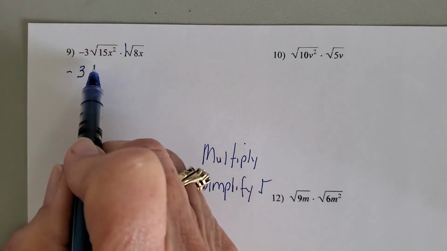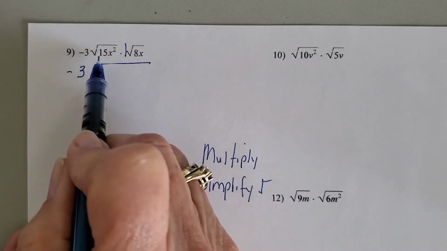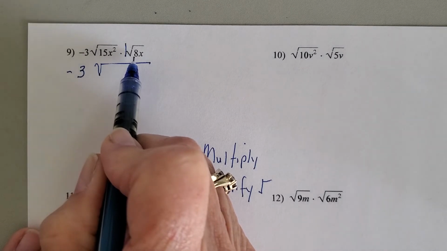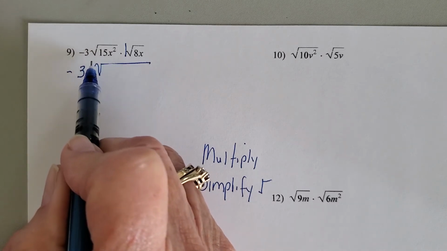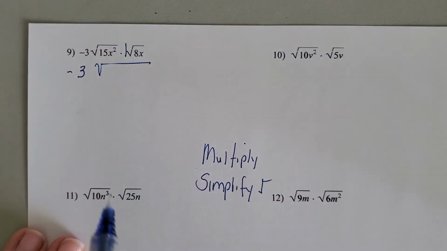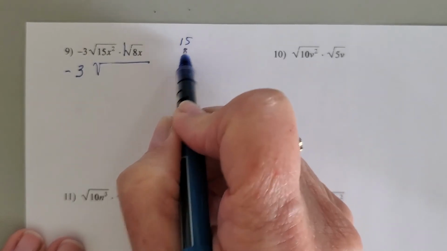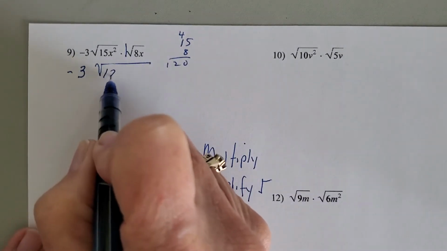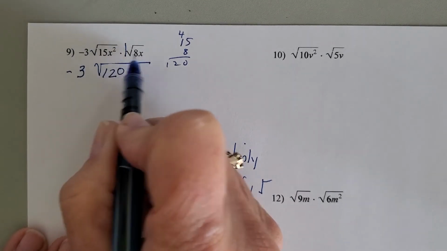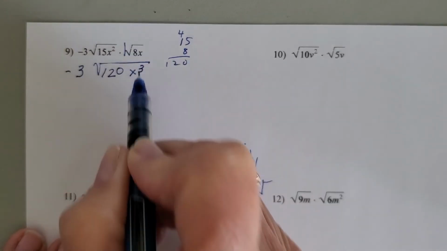And when we multiply everything in the radical sign, we get 15 times 8, which is... I have to think about that. What's 15 times 8? 120. Okay. 120, and we multiply the x's, x to the third.